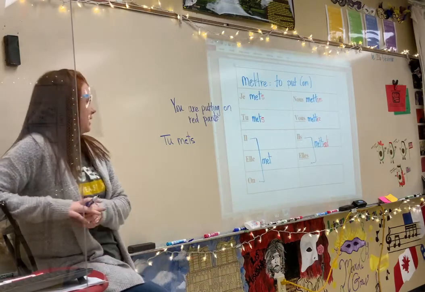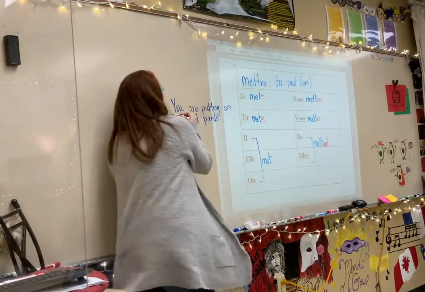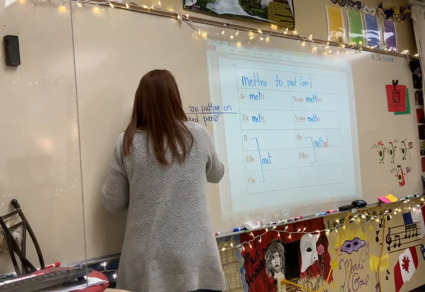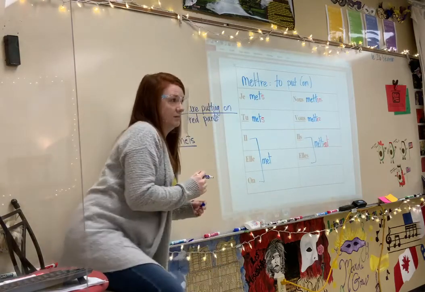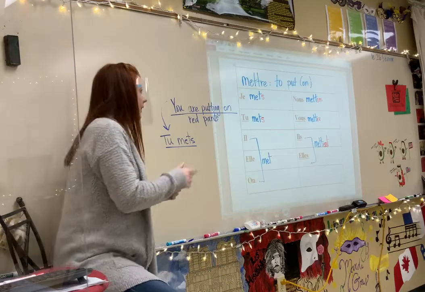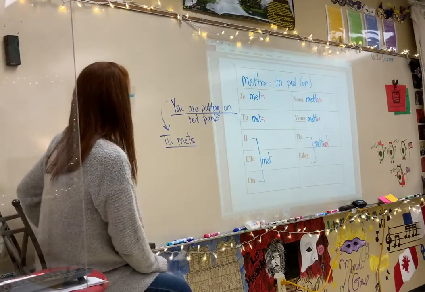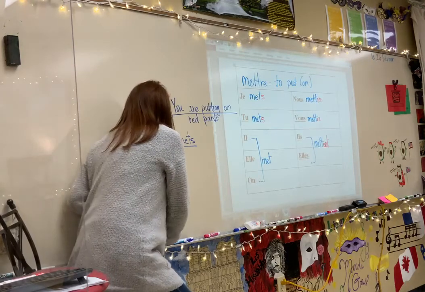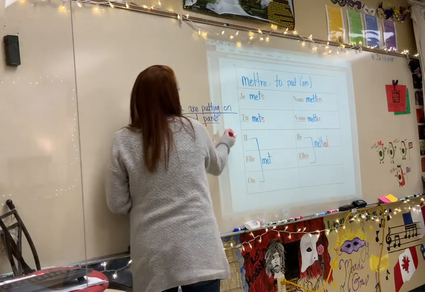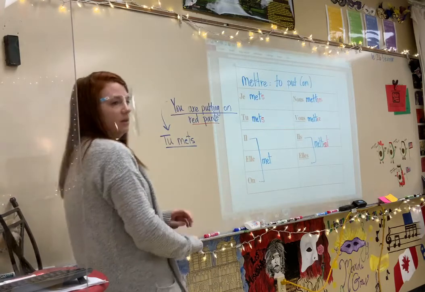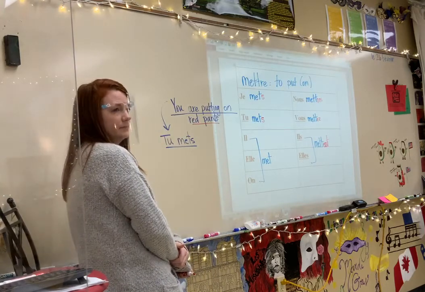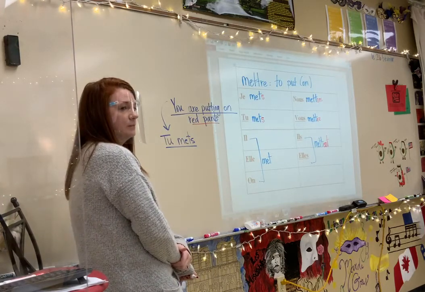Now how do you say red pants? Because all of this is this. The R is built in and the ON is built in for this. So what is red pants? Isn't it like the jeans? Yep. So how do you say it and spell it? Pantalon. Okay. What goes in front of pantalon? L-E.